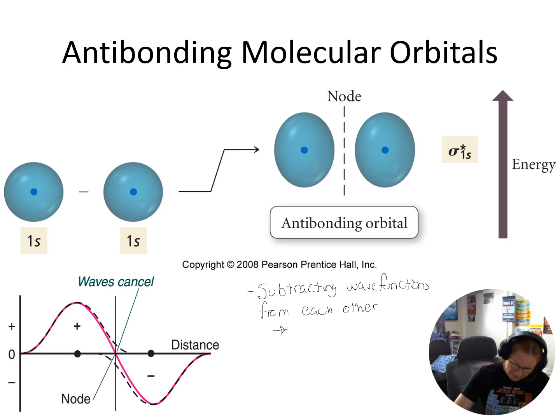And this gives us a region of 0 electron density between nuclei. And so when it cancels, that's where we get that destructive interference.